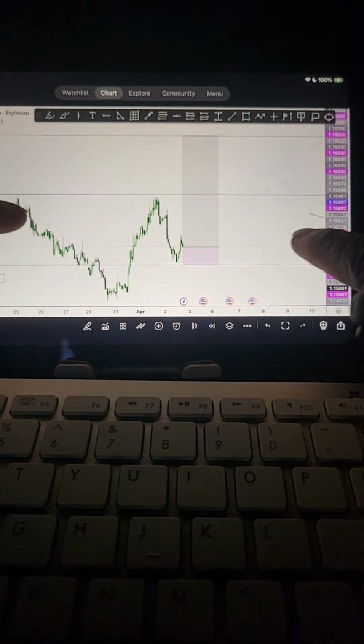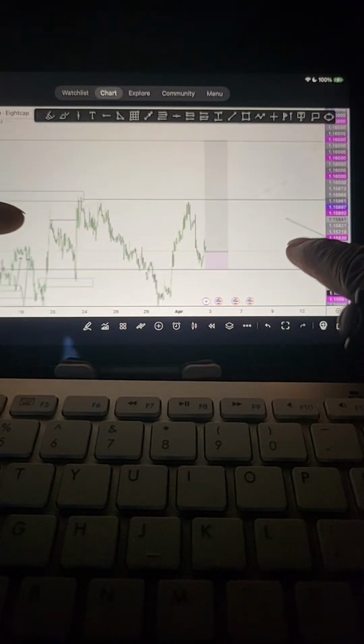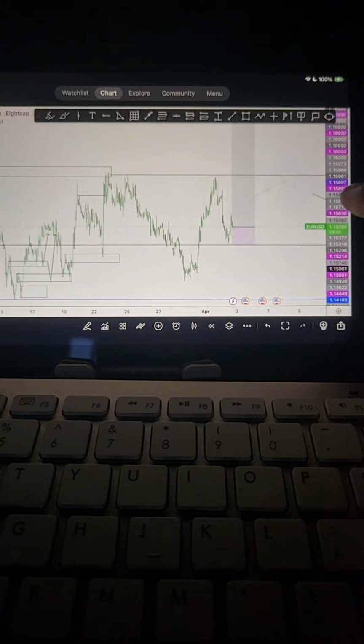So this is my bias, guys. This is Euro USD.